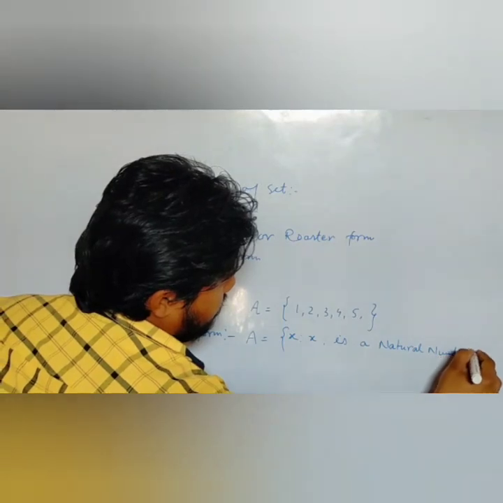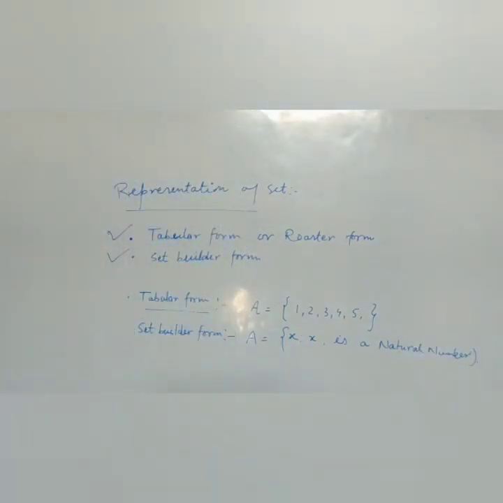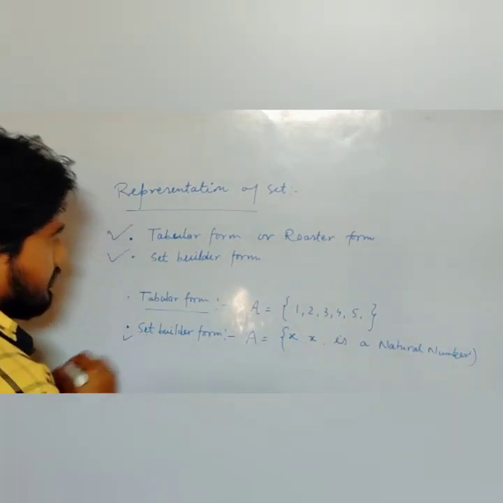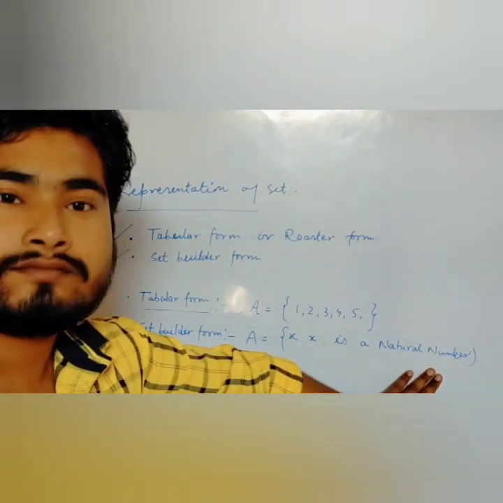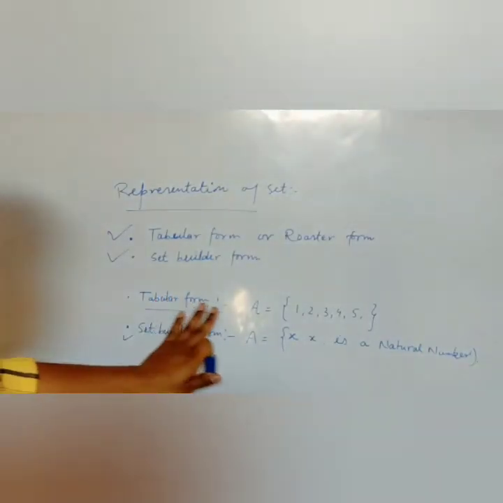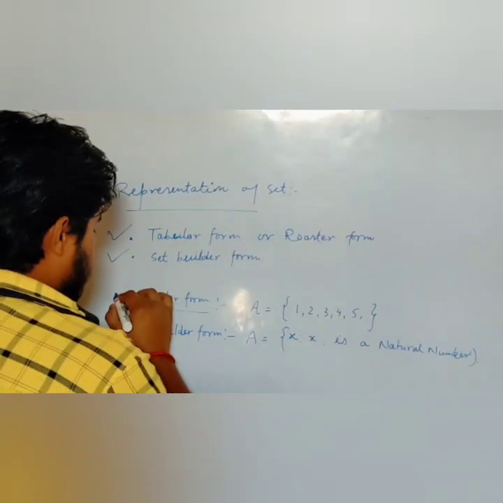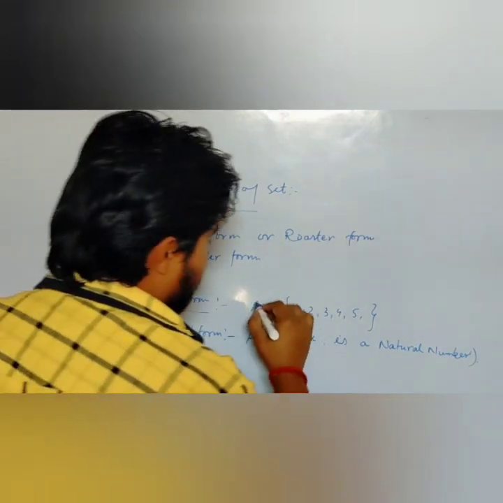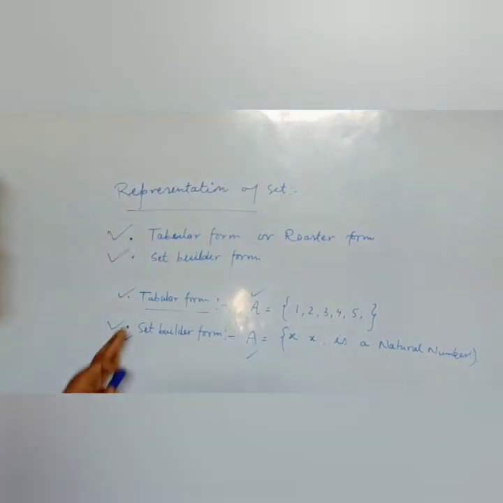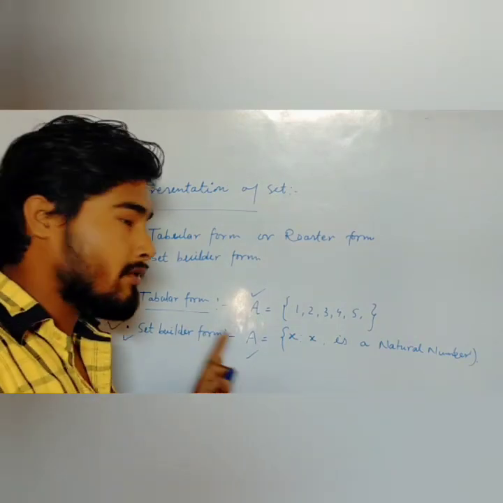So set builder form is only written in language, and tabular form is in numbers.